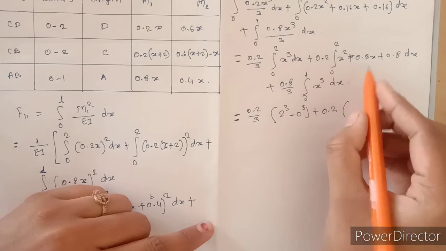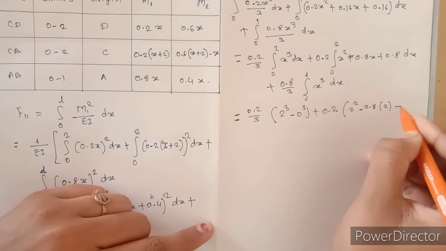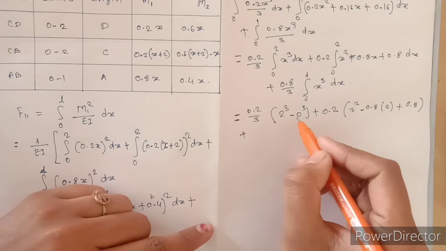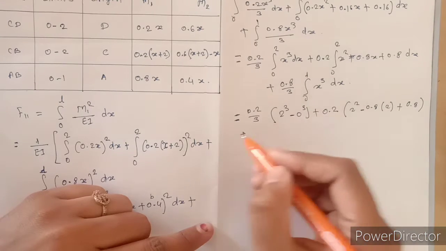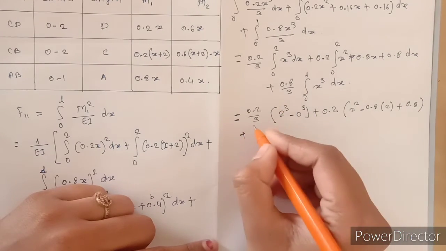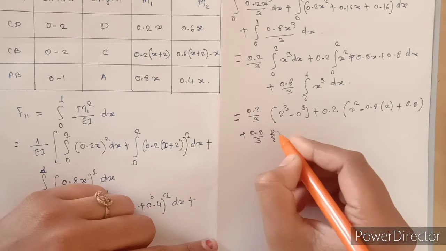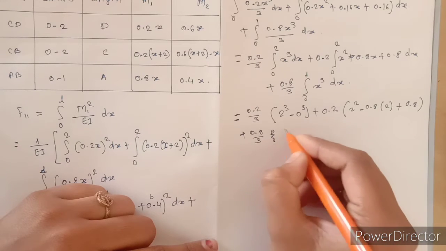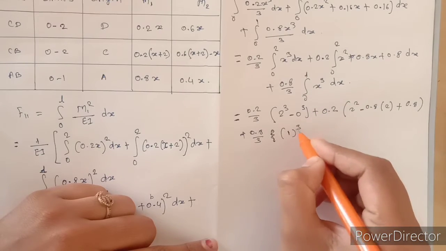Then another limit is 2 square minus 0.8 into 2 plus 0.8, excluding the 0 value. Then another limit is the constant 0.8 divided by 3 integration. So put the integration limit 1, so here 1 cube.